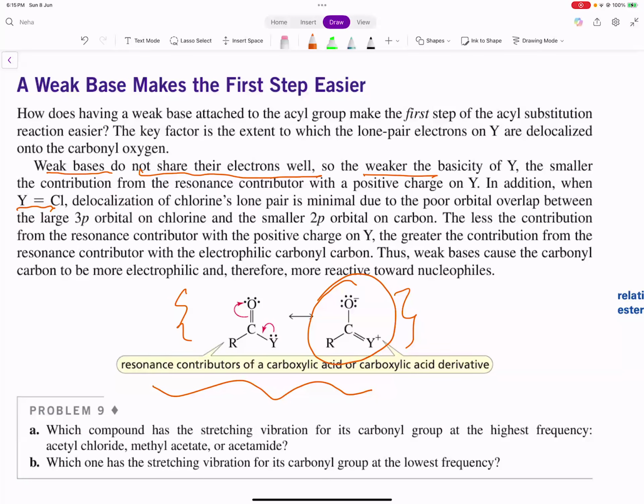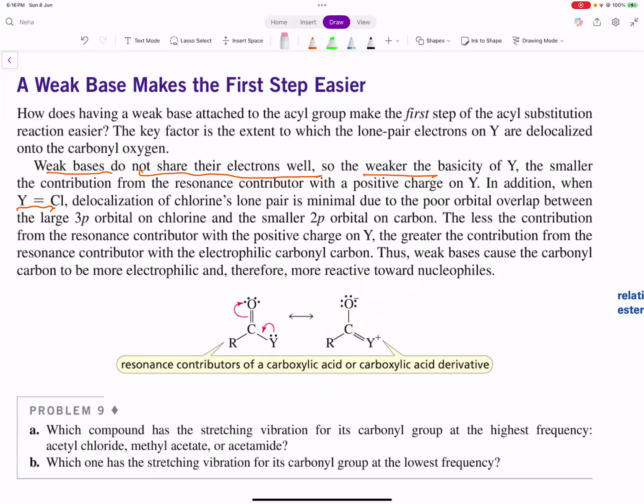It means the carbonyl is not disrupted in the Cl case. It is intact. A chloride will look more like this. But in esters and carboxylic acids, these resonating structures will keep on becoming more important. It means C double bond O is already disrupted, so the nucleophile will come slowly, right?